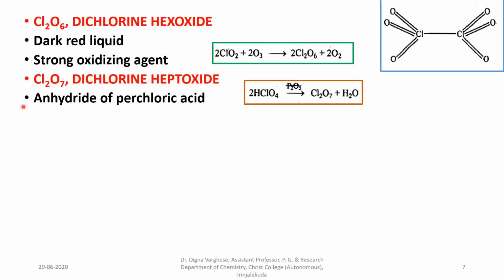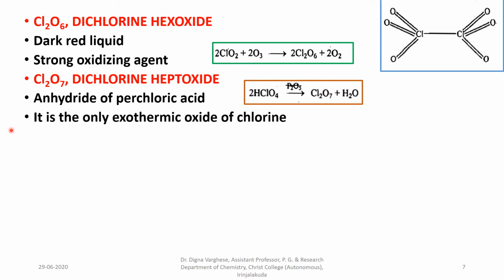Dichlorine heptoxide acts as an anhydride of perchloric acid. This means that on dehydration, perchloric acid gives dichlorine heptoxide. It is the only endothermic oxide of chlorine. It is a stable oxide among oxides of chlorine.